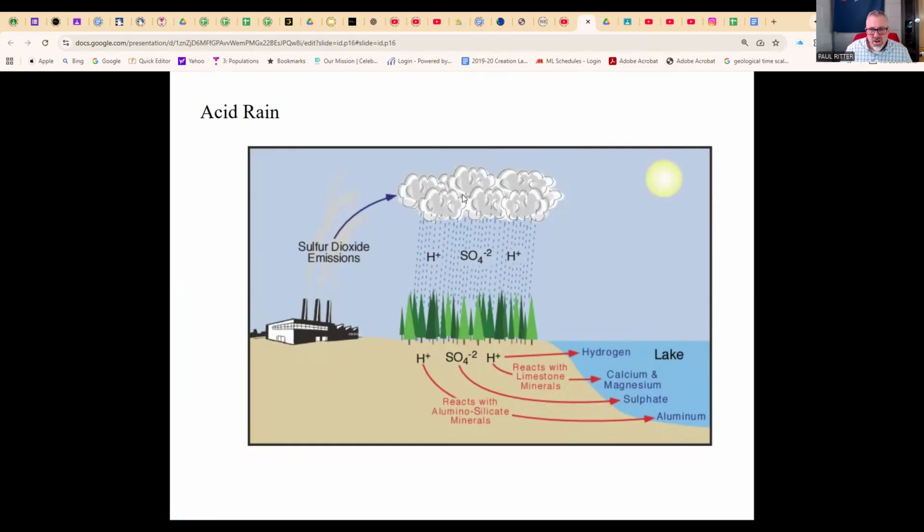They're in the air. The rain comes down, and the sulfuric acid reacts, or hydrogen sulfide reacts, or the nitric acid reacts. Almost said it wrong there. Sorry about that.